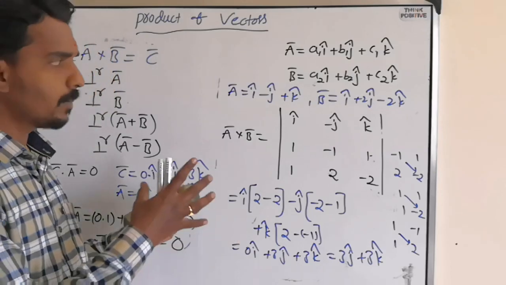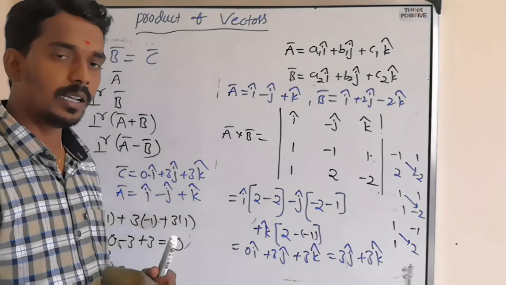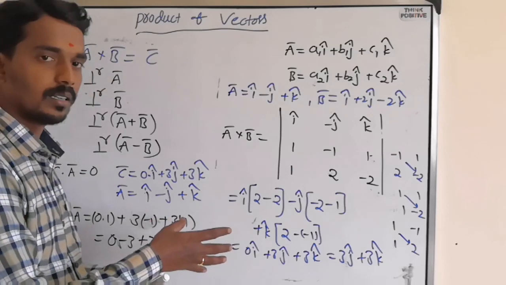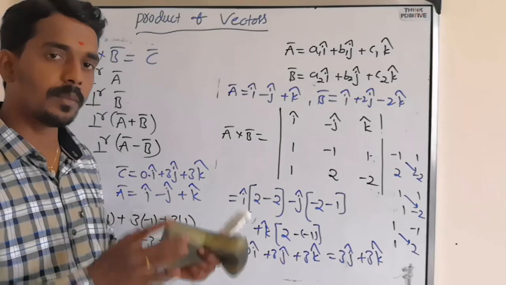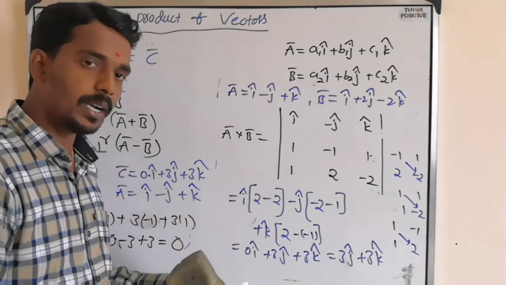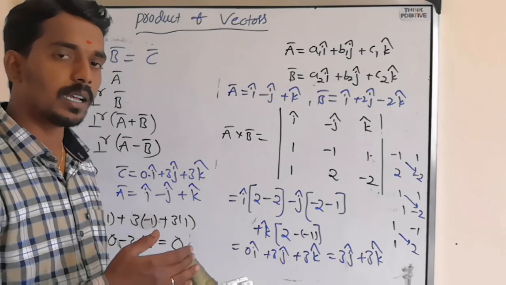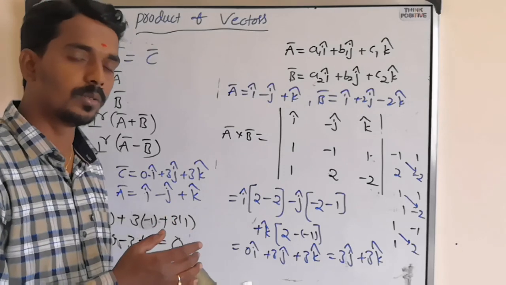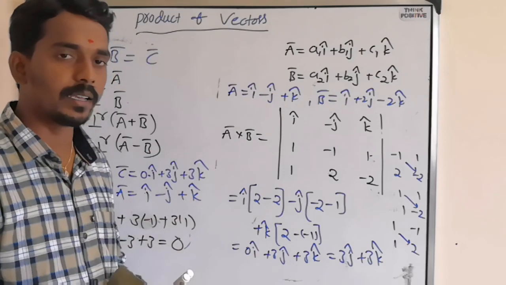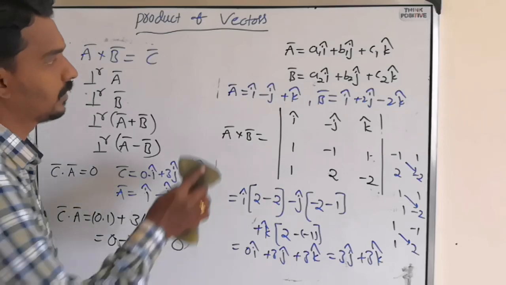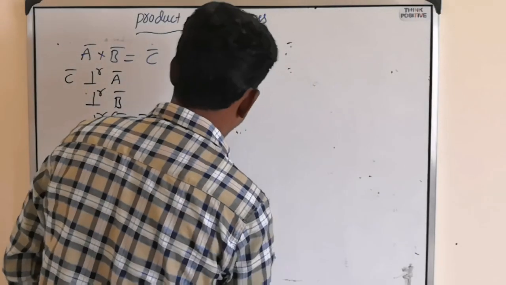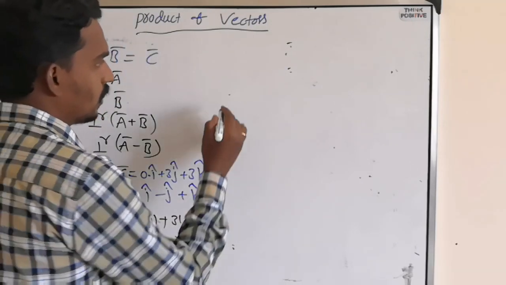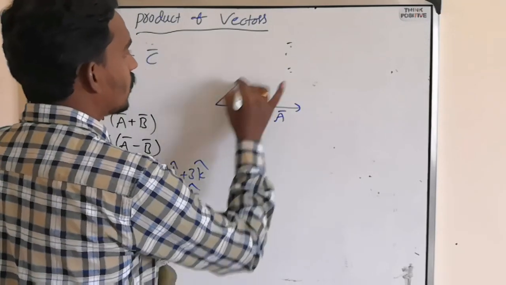So that's why a bar cross b bar is a vector, and it has magnitude ab sin theta and some direction which is perpendicular to the plane containing a bar and b bar. And I told you, once again I am explaining, to find the direction, draw a bar, b bar.